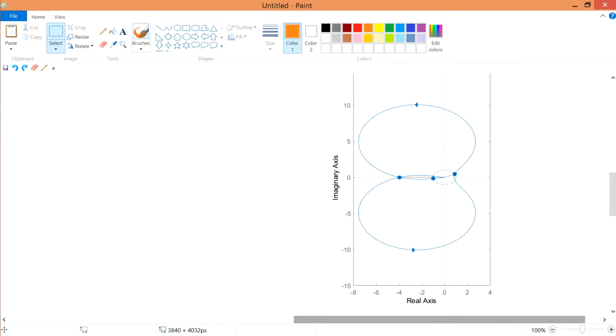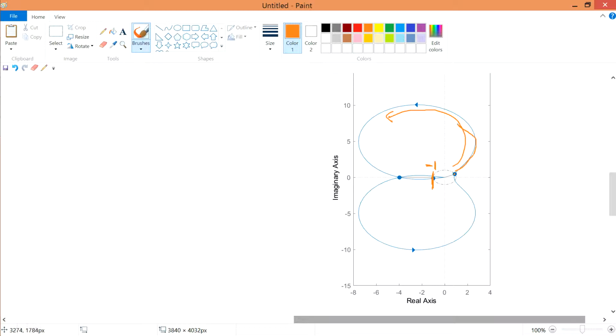And therefore, let's talk about the encirclement. If you remember, the encirclement in our case is going in the anti-clockwise direction. You see, it's going in the anti-clockwise direction. And as you can see, it encircles this point, the -1 point.